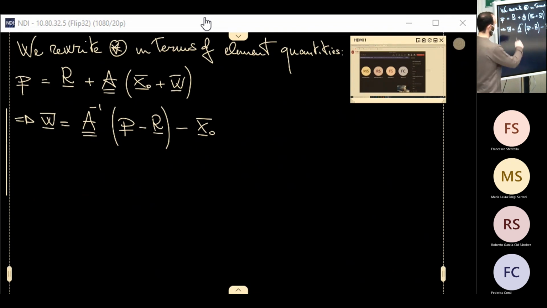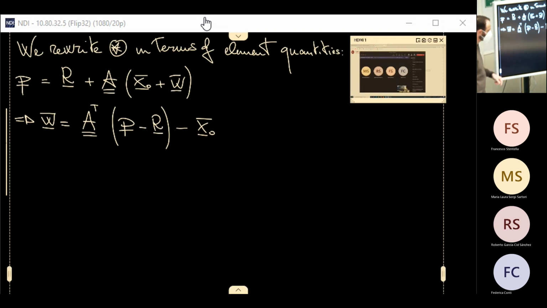Now we know that A is an orthogonal matrix, so this becomes the transpose, which is much easier. But this is exactly what we needed to calculate the deformations.